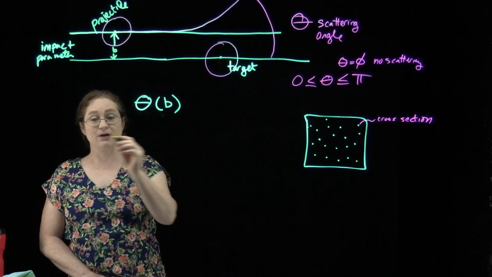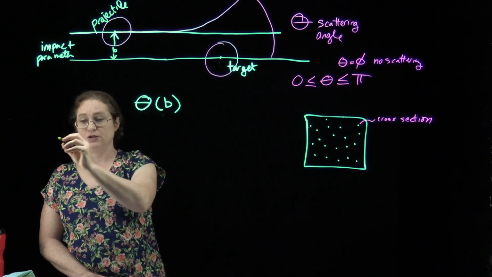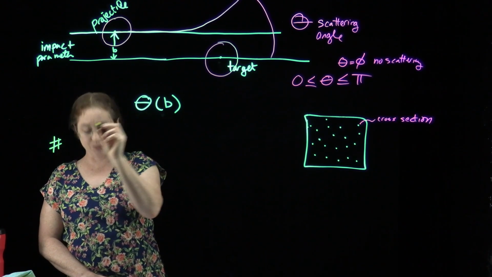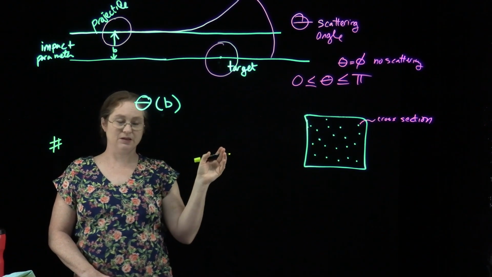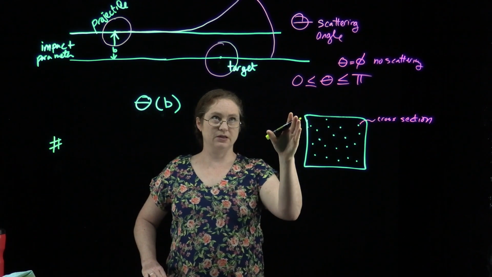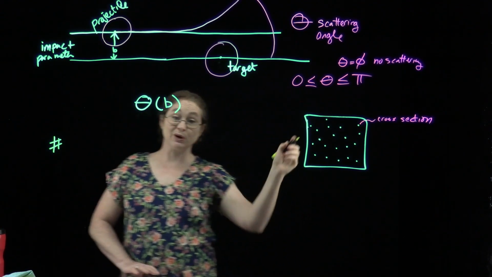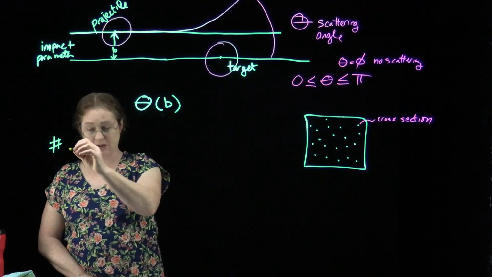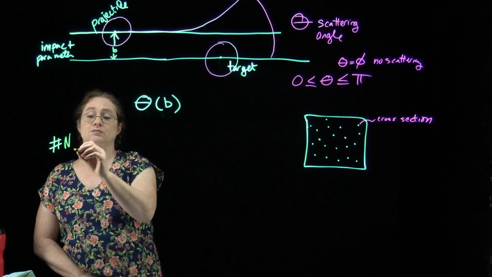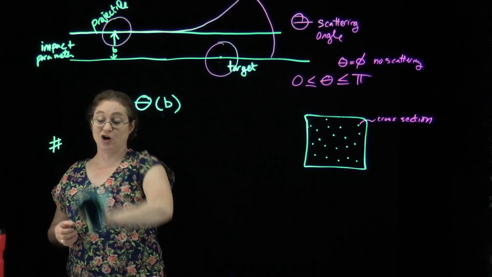Okay, so we're going to quantify the properties of this target. Let's assume you have a foil. So we want the number of target nuclei inside of the target foil.